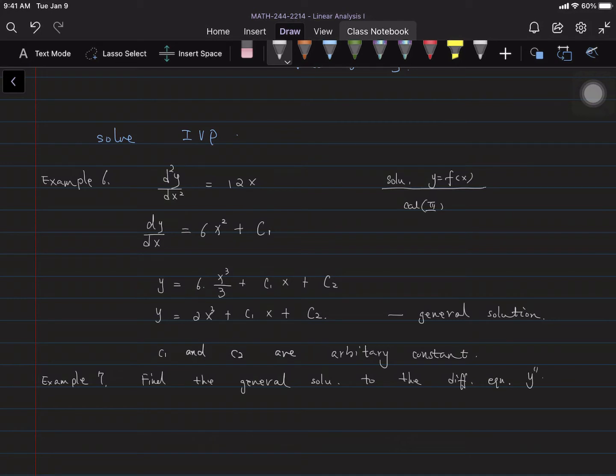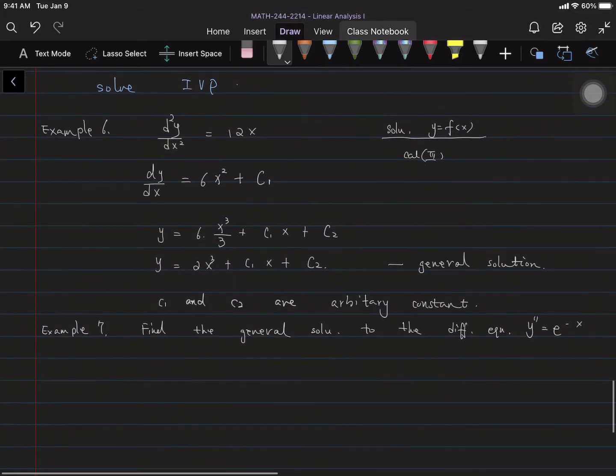Second derivative equals e to the negative x. Same thing, it's also a second-order differential equation, right? Let's do it the same way. Firstly, we do one integral. Integrate both sides. So e to the negative x dx, which is e to the x, right?